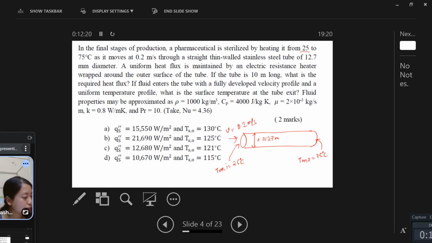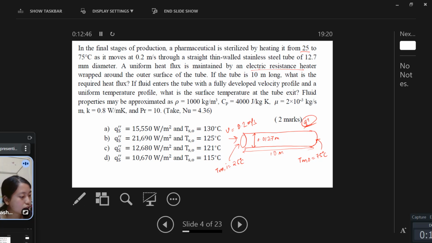A uniform heat flux is maintained by an electric resistance heater wrapped around the outer surface of the tube. So this is a uniform heat flux case. And if the tube is 10 meter long, what is the required heat flux?